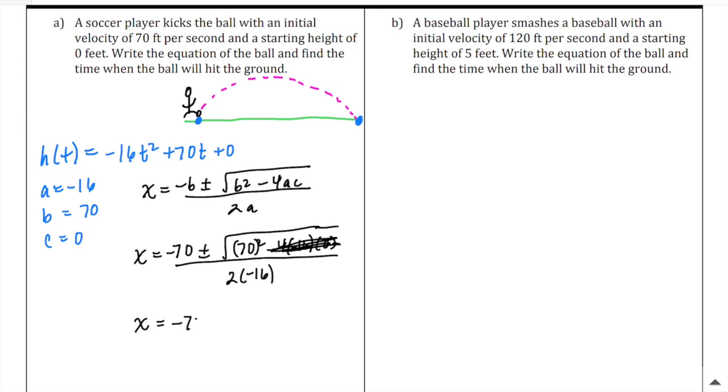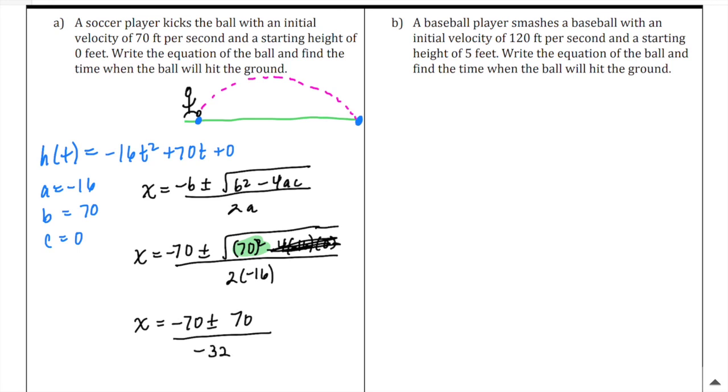So I got negative 70 plus or minus, and look how nice this actually is right here. We have 70 squared. Well, we know that the square root knocks out a square, right? So this is actually just going to be nice and neat. It's just going to be 70. And we have 2 times negative 16, which is negative 32.